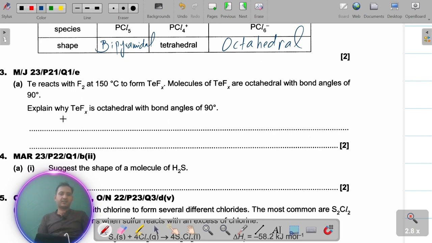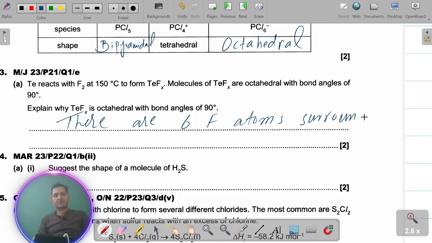It means there are 6 F atoms surrounding the T element. That is the reason. When there are six, the shape will be octahedral.